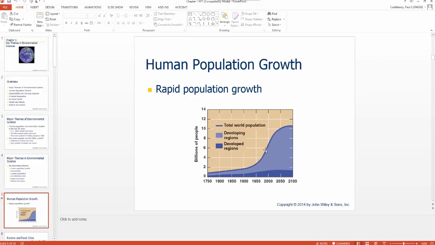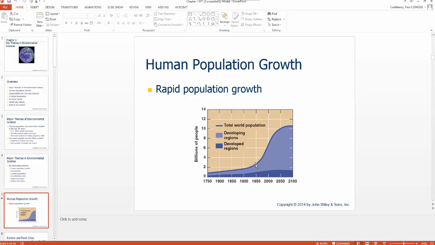The total population is up here, this top line. But you begin to see this rather steep slope from about 1950 up to about 2015 right here. We've had our largest rate of growth, and it's been due mainly to developing regions of the world. So that's really what has been driving the total population growth here.